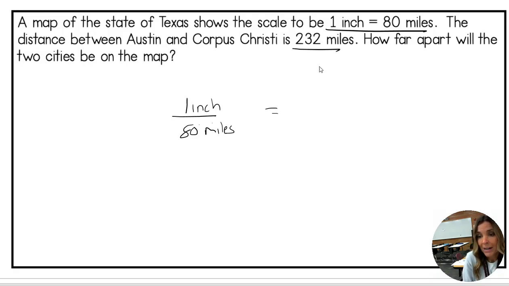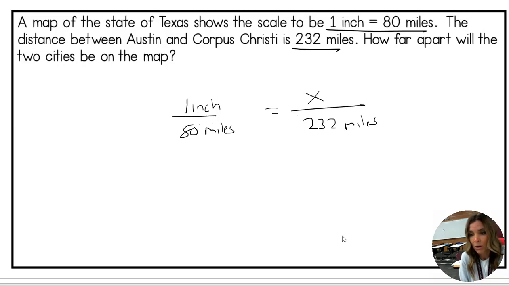So when we write our other ratio that's going to help us figure out how far apart they are on the map, we have to put miles on the bottom because we're looking for inches. Okay, so now in order to do this, we need to know the scale factor. We need to know 80 miles times what number gets us to 232.